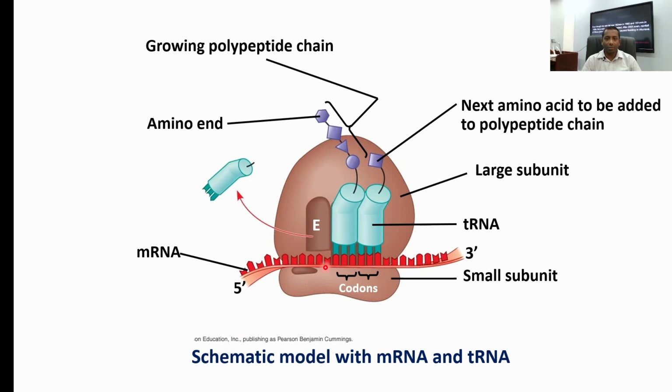As the ribosome moves along the mRNA molecule, the message is read in codons, or 3 nucleotide base pairs, and the tRNA molecule brings the corresponding amino acid.